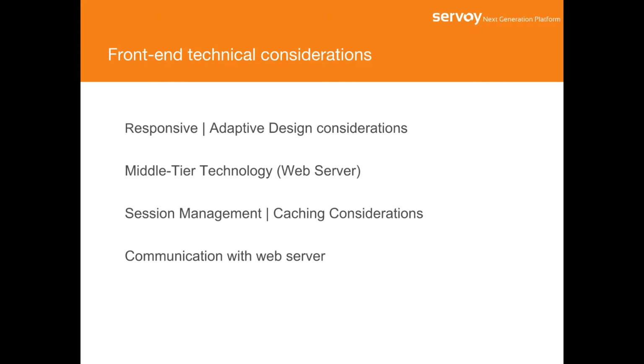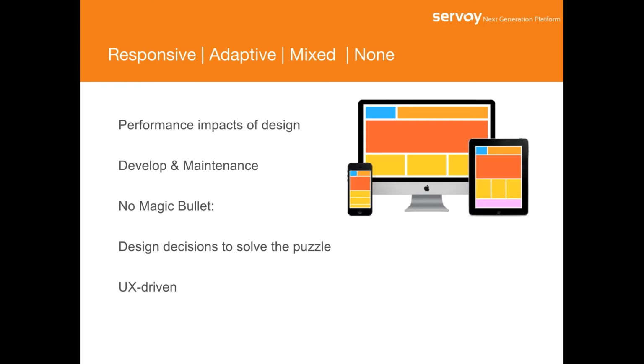So what can you do with that to improve UX? Of course, now you also have a session, caching concerns, and also communication back and forth between the browser and the server. These all become a technical background to what's happening in the front end. Next slide, please.